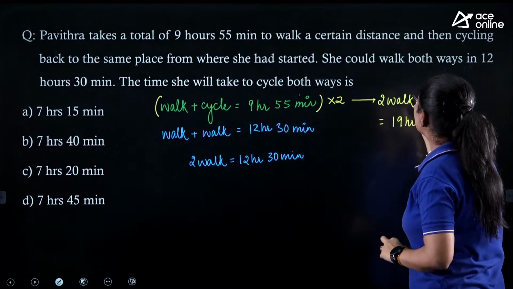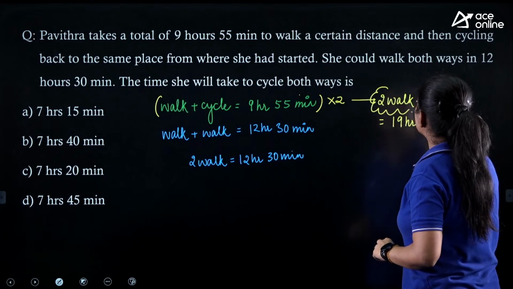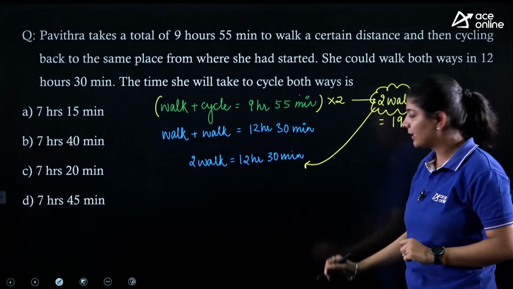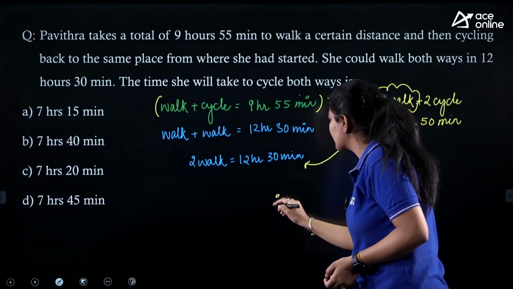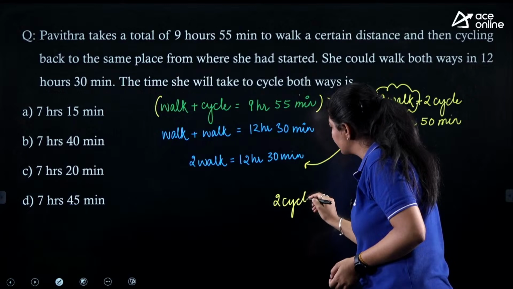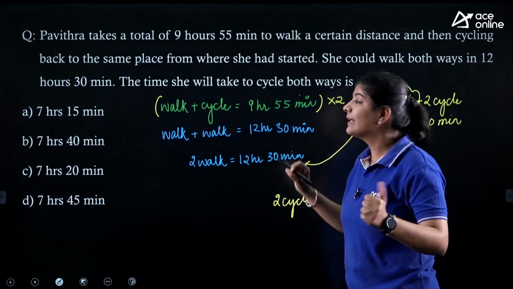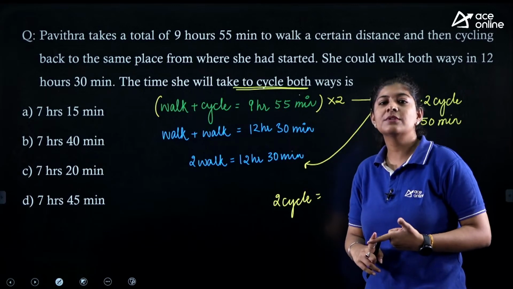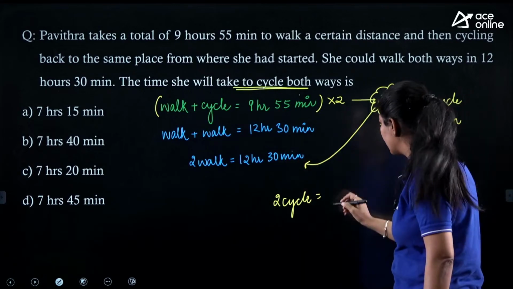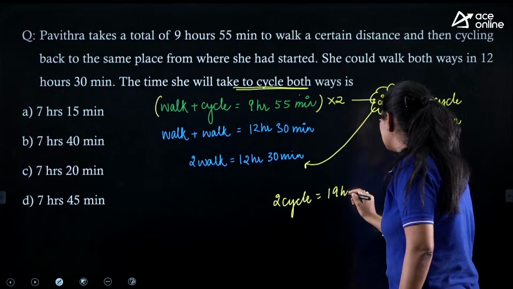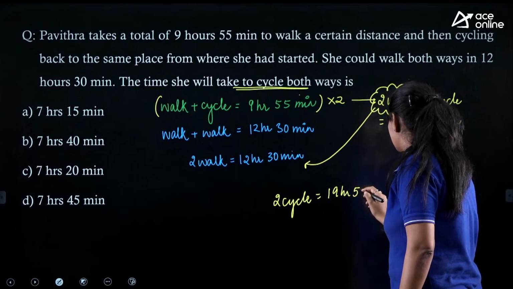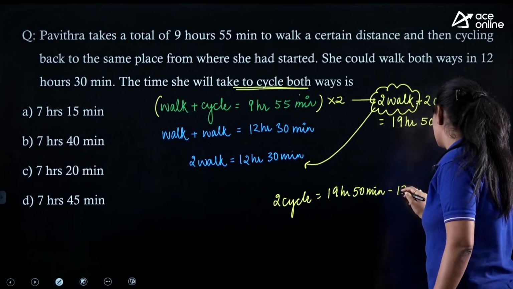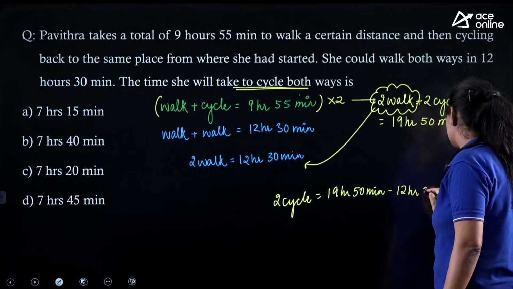Now we know that the value of this part is equal to 12 hours and 30 minutes. So we can easily calculate the value of twice of cycling, which is our answer, because we need to find out the value if she cycles both ways. So here we have 19 hours and 50 minutes minus 12 hours and 30 minutes.